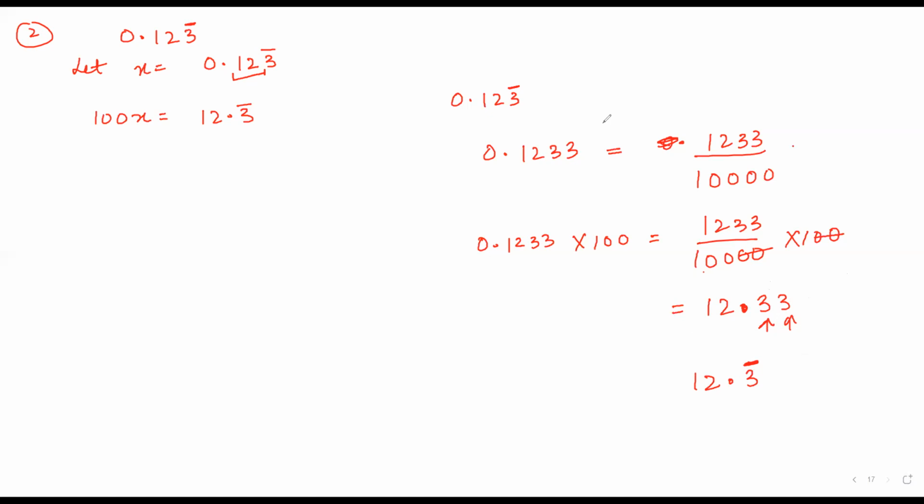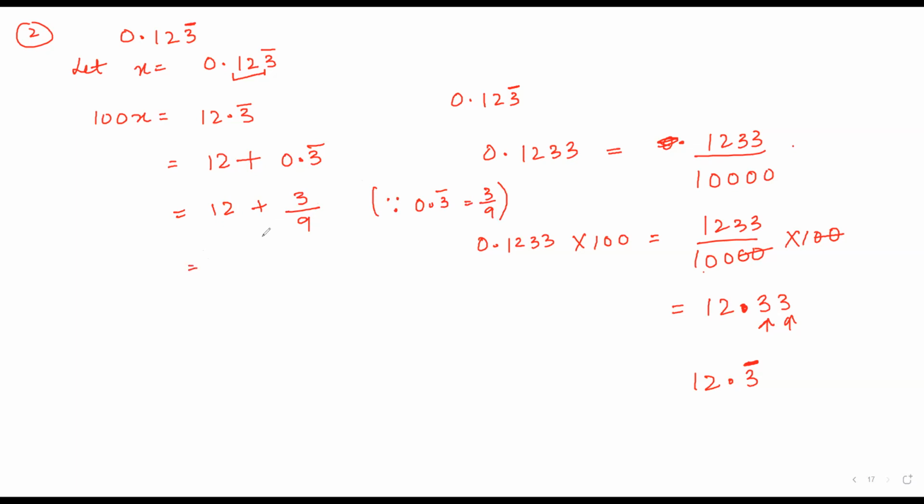Anyway, this can be broken up into 12 plus 0.3 bar. Clear? Yes. Okay, so this can be written as 12 plus, now this we can write as 3 by 9. You will mention that 0.3 bar is equal to 3 by 9.